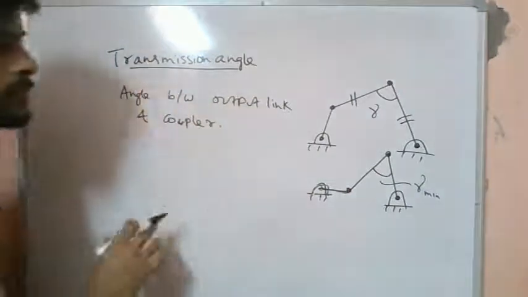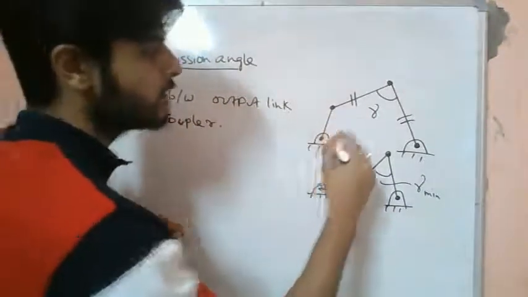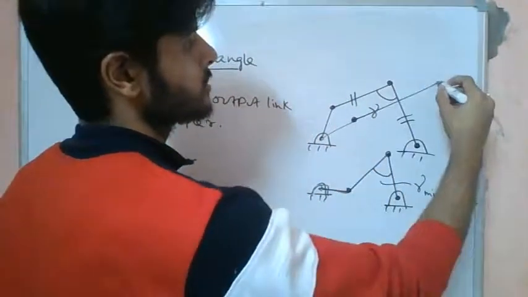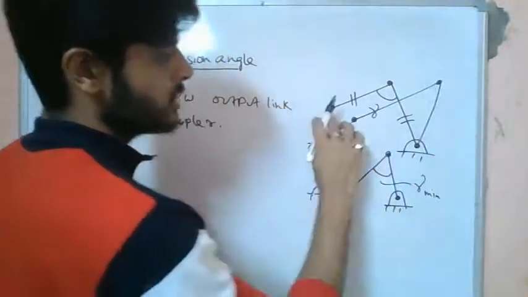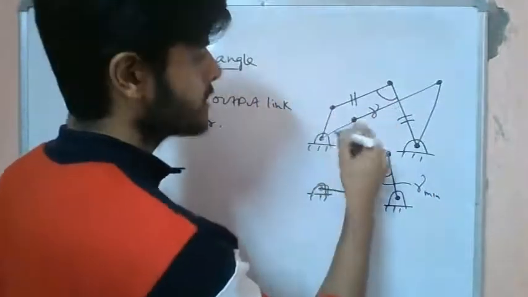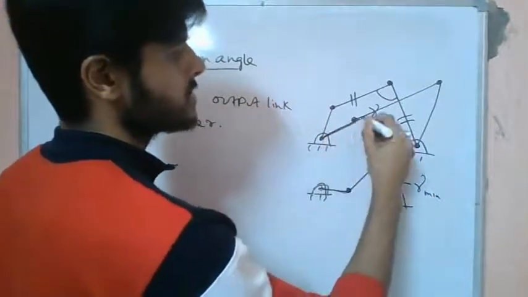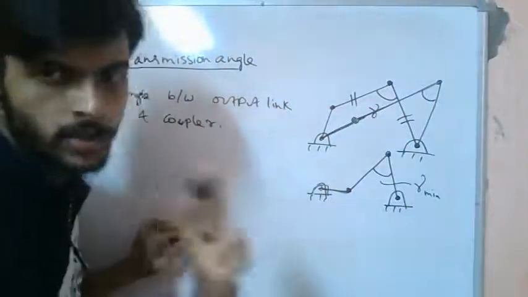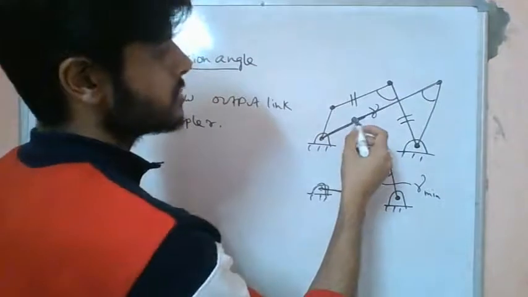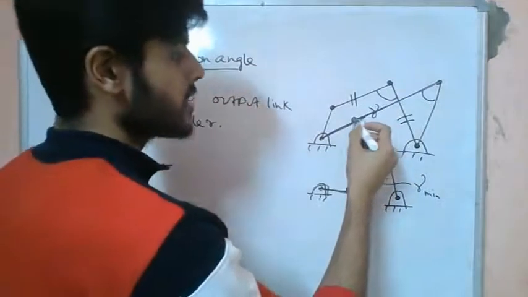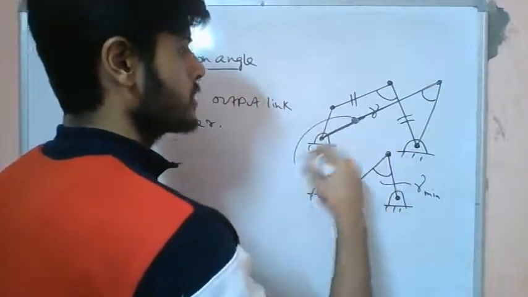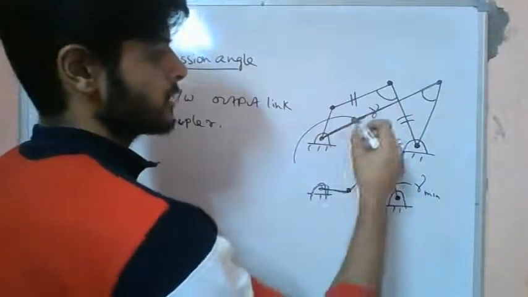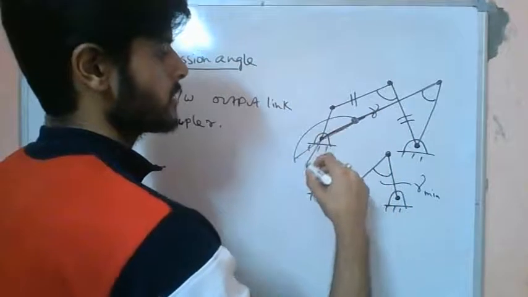The extremities will be when the input and the coupler lie along the same straight line like this. In this case, this transmission angle will attain one of the extremities. Another extremity it might attain is when this link comes over here and becomes a straight line, something like this.